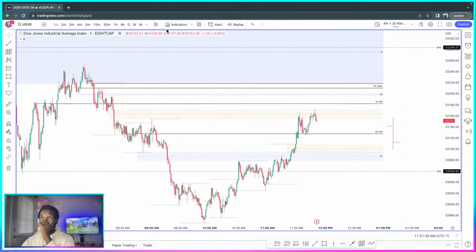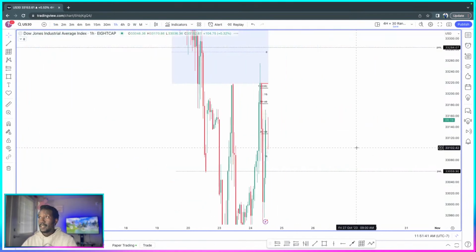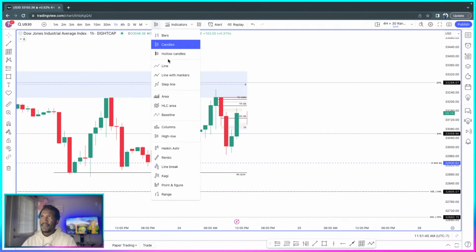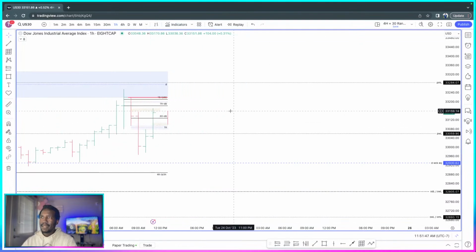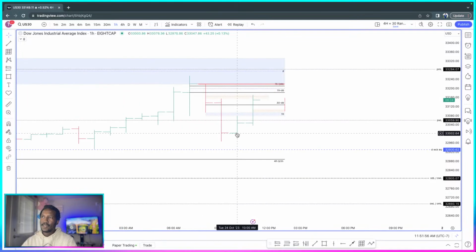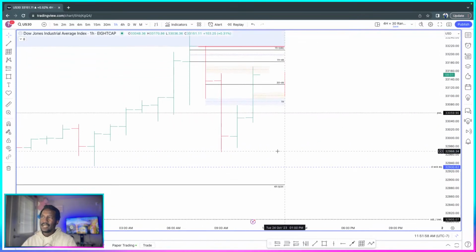An example of that: we go to a 1 hour time frame and change the style of the candle. We put them in bars. This is what I mean. Like this, for example, this is where we open, went down, and then goes up. If you know this concept, you can take advantage of this style of trading.